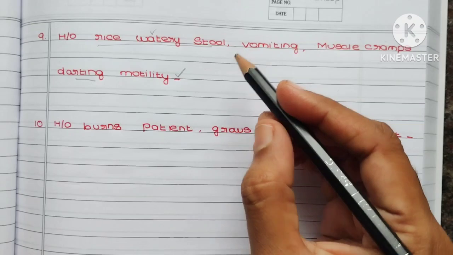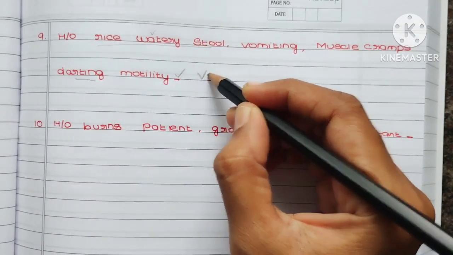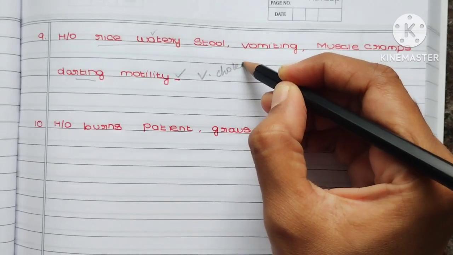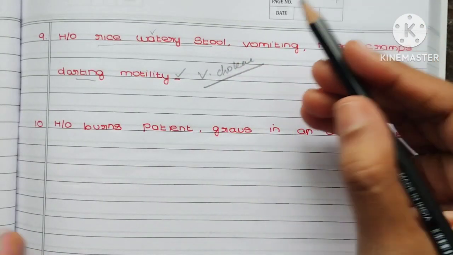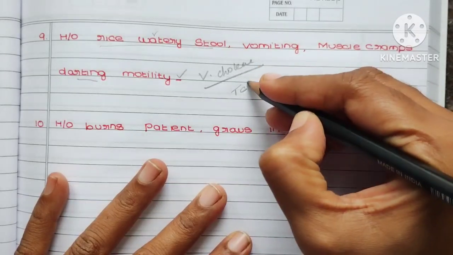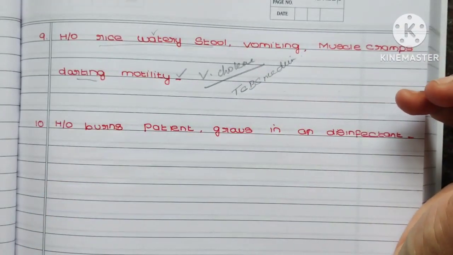Cholera causes a severe electrolyte imbalance. These will be the clues, and they can also ask what selective medium you will be using. Here it is thiosulfate citrate bile salt sucrose medium, that is TCBS medium.